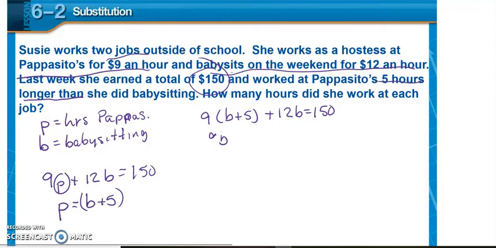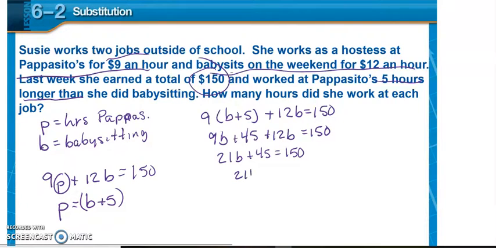So this is 9B plus 45 plus 12B equals 150. And then you're going to combine your like terms. You get 21B plus 45 equals 150.